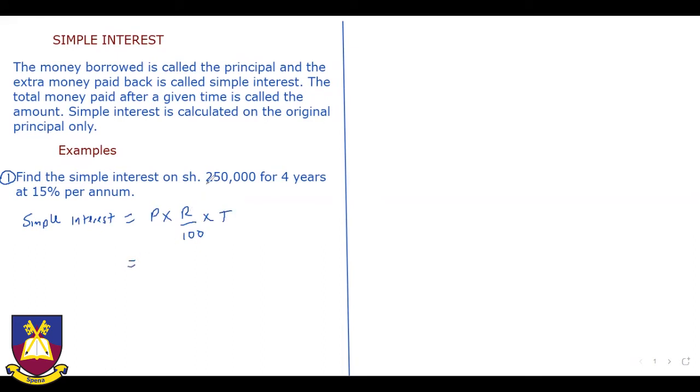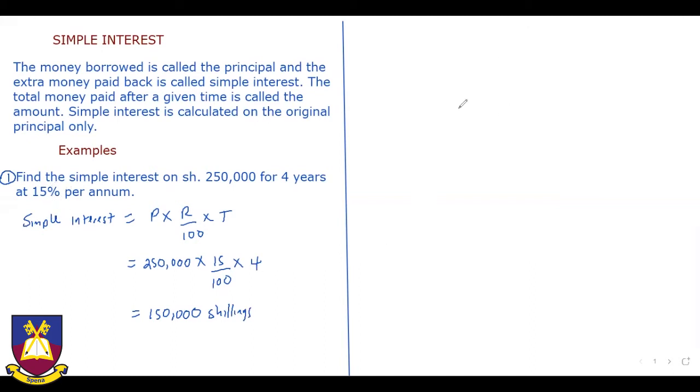The principal is how much you borrowed, which is 250,000, times the rate is 15 out of 100, times the time, 4 years. And when we use our calculator, that amounts to 150,000 shillings. So that's the interest after a period of 4 years at a rate of 15%.